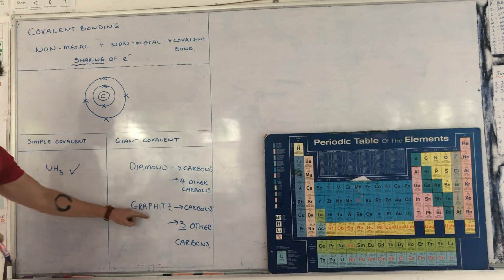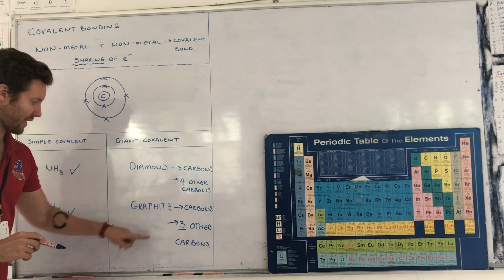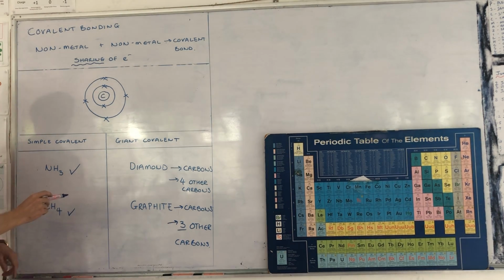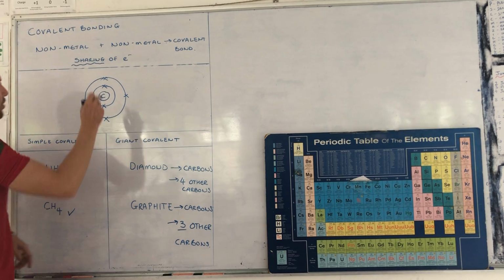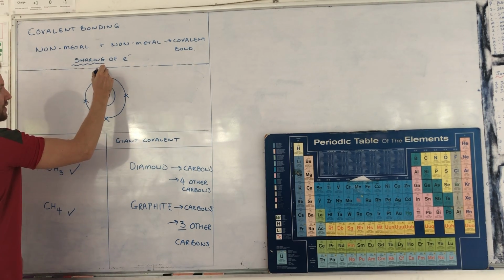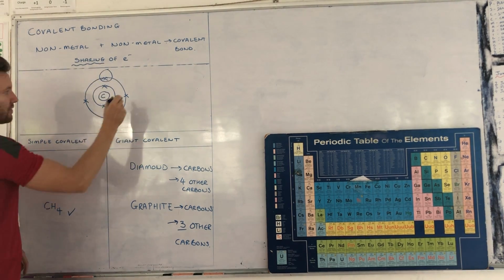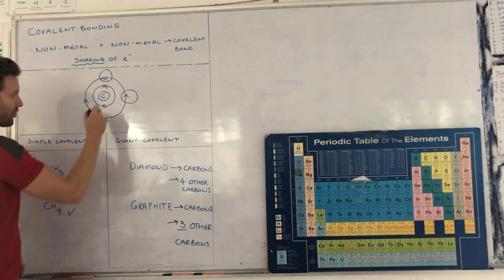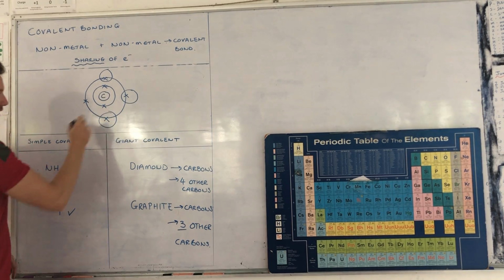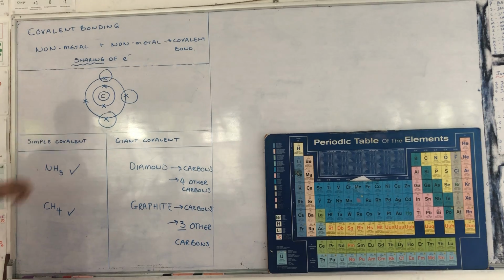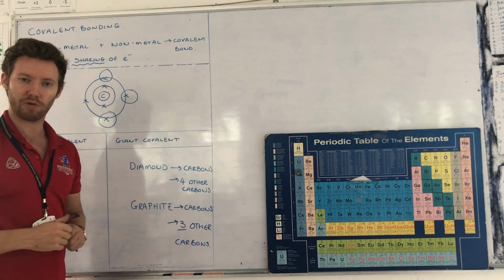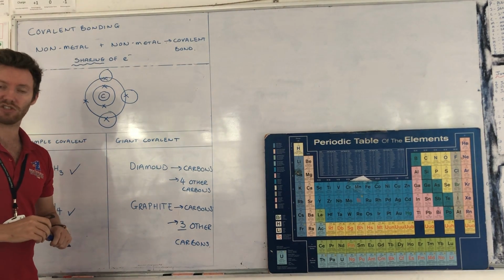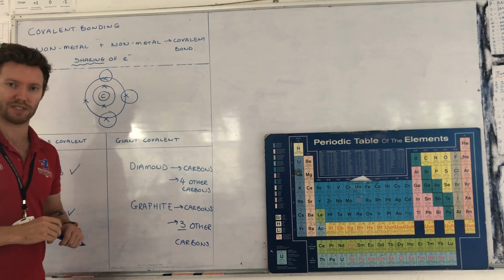What do I mean by graphite being bonded to 3 other carbons? Well, we're going to have a sharing of electrons, or the covalent bond formed between an electron here, an electron here, and an electron here, leaving 1 spare electron. And this is what makes graphite so unique with its properties.